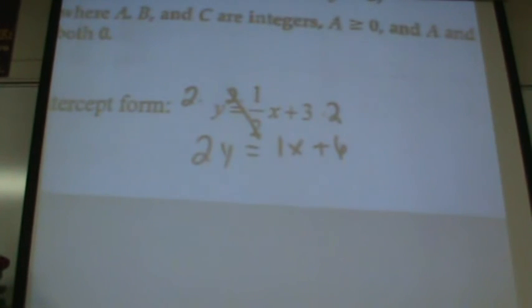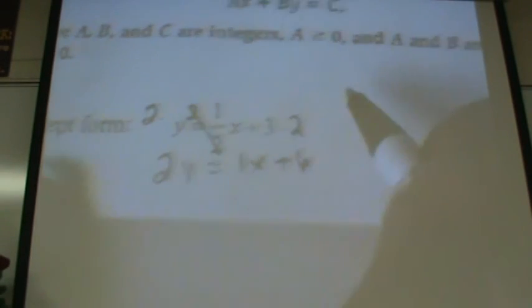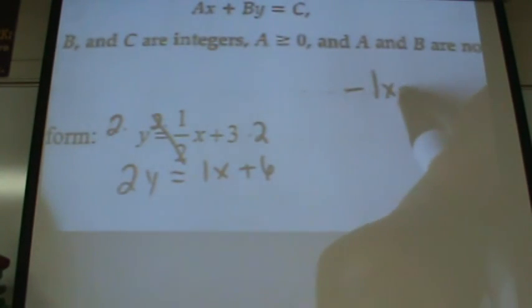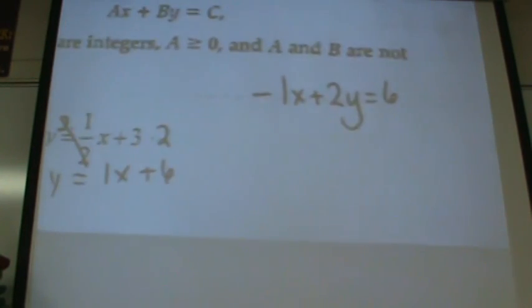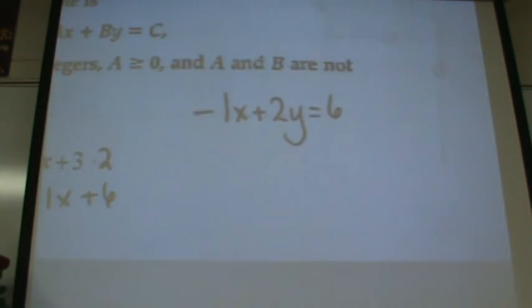Next, what's wrong with this equation? You want to bring the x way in front. When you bring this way in front, all you're going to do is change the sign. Okay, now, this is good. Is there a better answer?